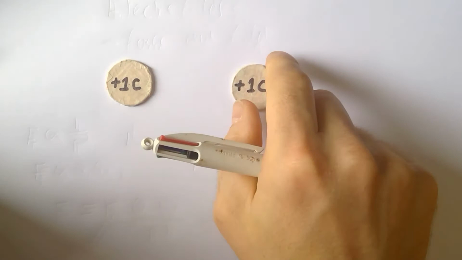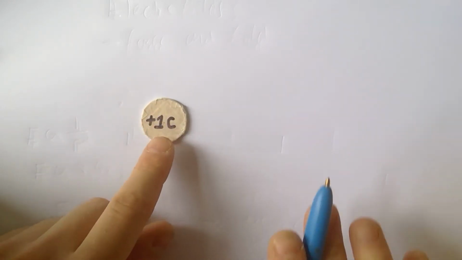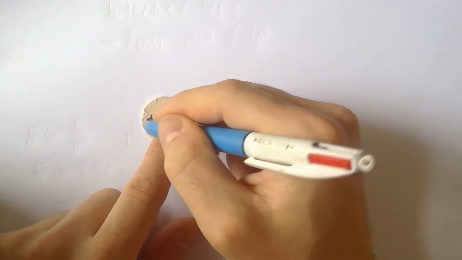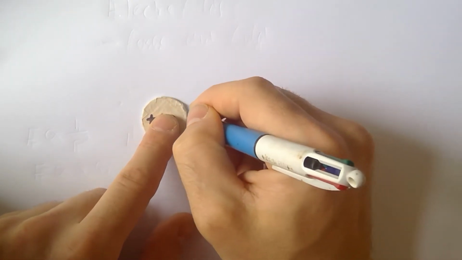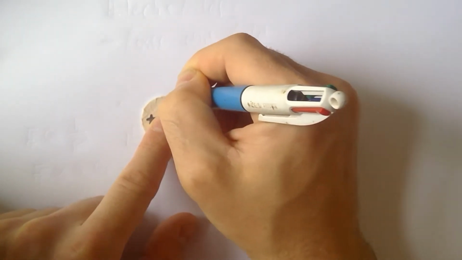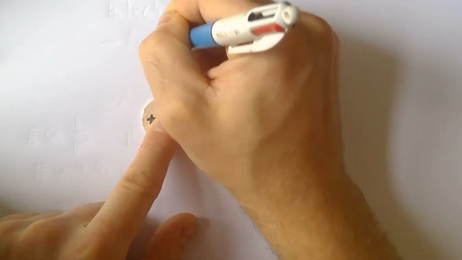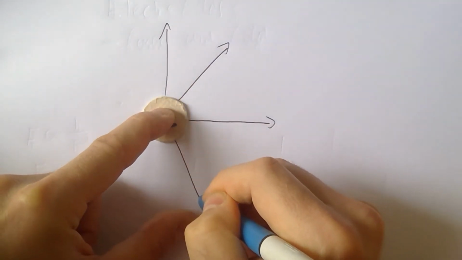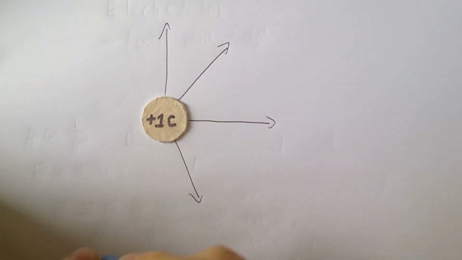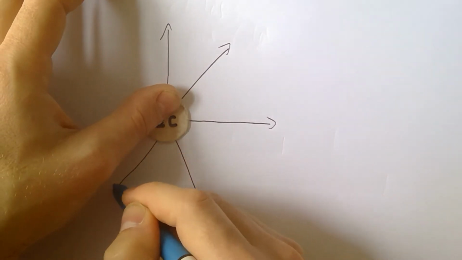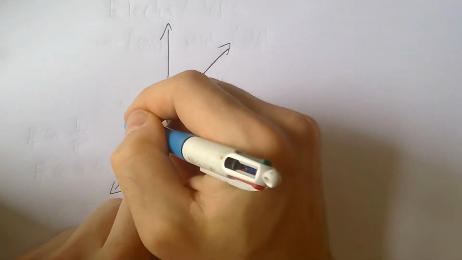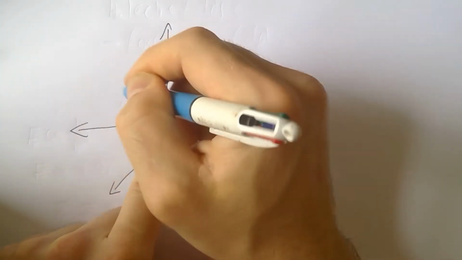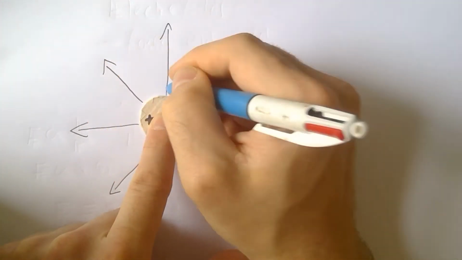Well, here's why. A point charge will actually create around it an electric field. An electric field around a positive charge would look something like this, with the field lines coming out in every direction at 90 degrees to the surface.